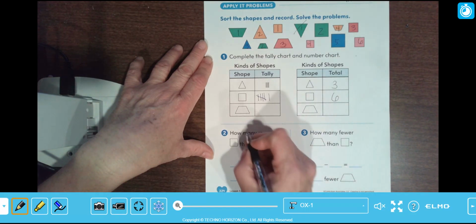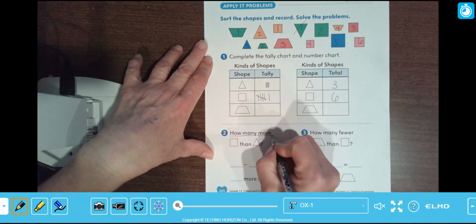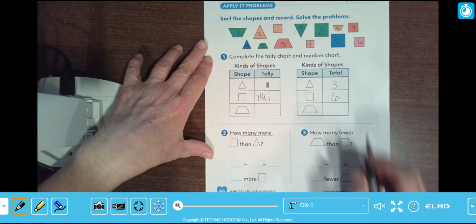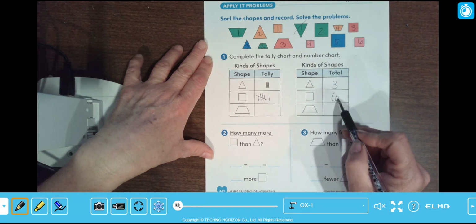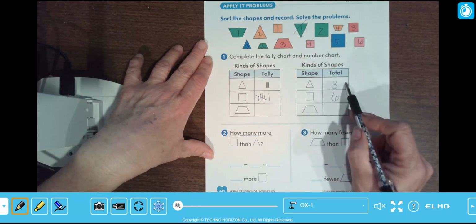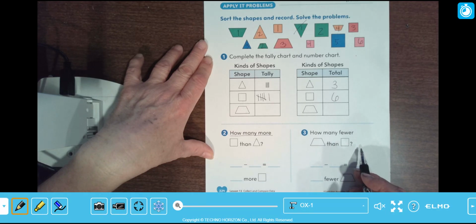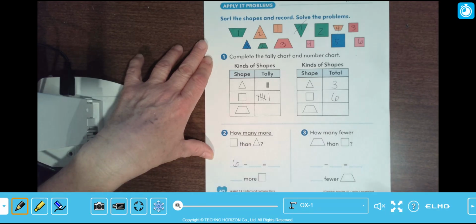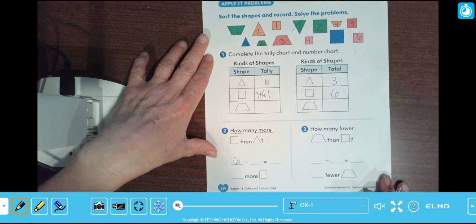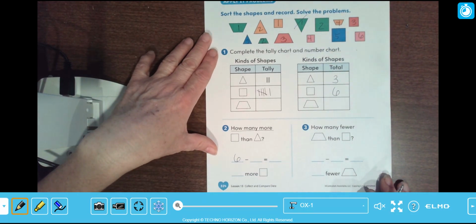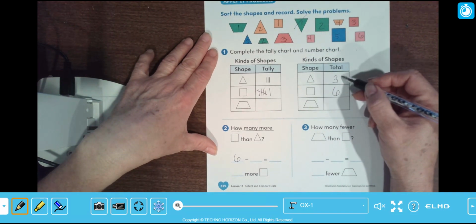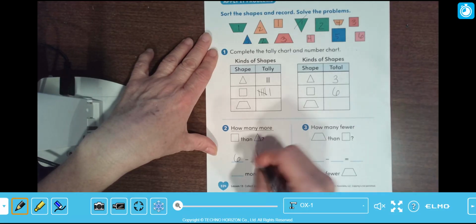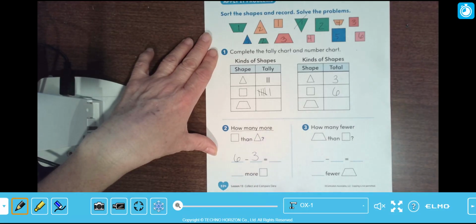When it says how many more, that means subtracting. So whenever you subtract, you start with the bigger number. Which one of these two is bigger? Yeah, this one is bigger. So we have to start with 6. Okay, minus what? Minus 3, right? So let's put there 6 minus 3.